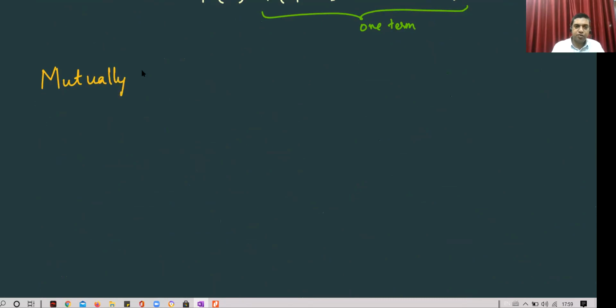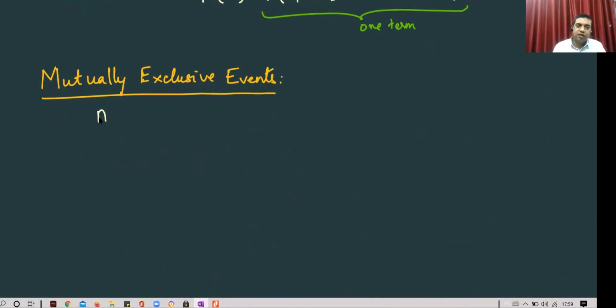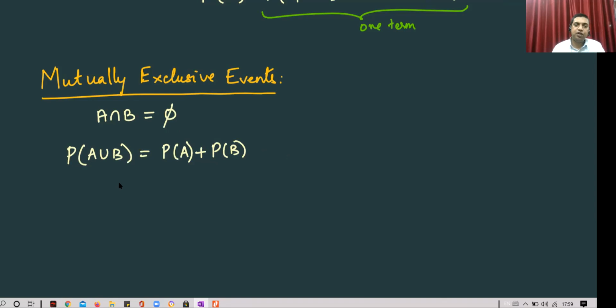For mutually exclusive events, A intersection B will be equal to phi. So P of A union B will be P of A plus P of B minus P of phi, which will be 0. So for mutually exclusive events, the addition theorem just simply boils down to this.